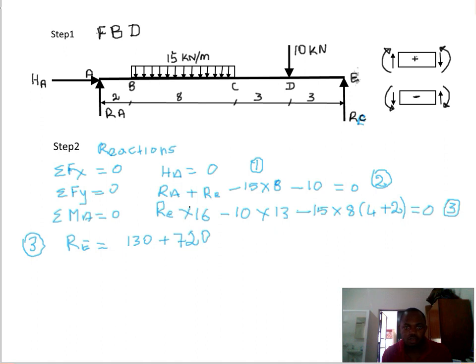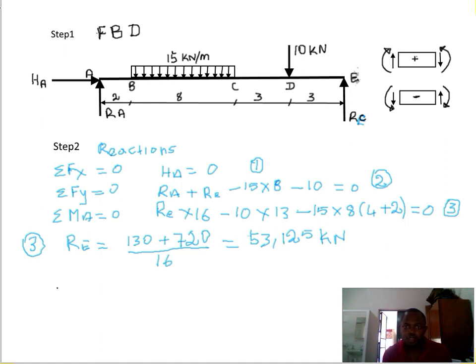And all this is now divided by 16. So 130 plus 720, divided by 16, gives us 53.125. So the reaction RE is equal to 53.125 kilonewton.